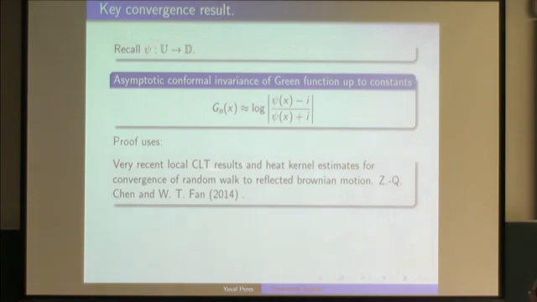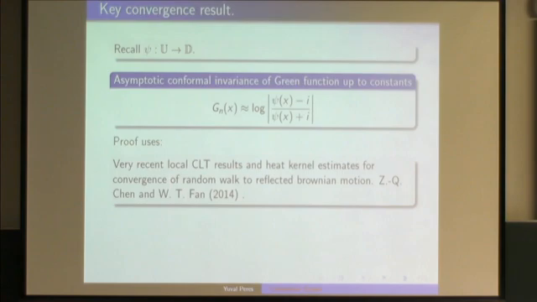Now, in relating the dipole Green function in the graph to the classical one in the continuum, we need these estimates not just in convergence form, which are classical, but with quantitative bounds, and conveniently for us such bounds appear in some recent work of Zhenqing Chen and his student Fan, actually related to older work of Bass and Chen.